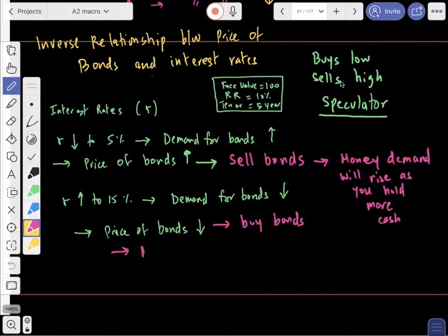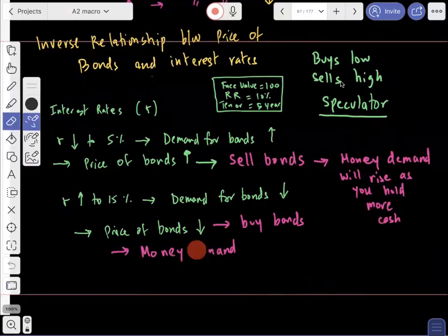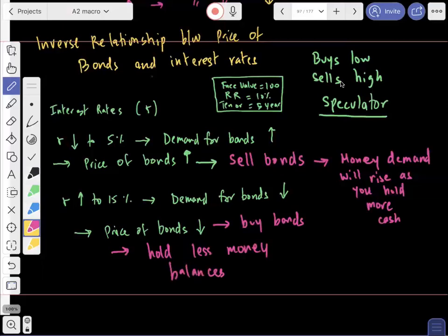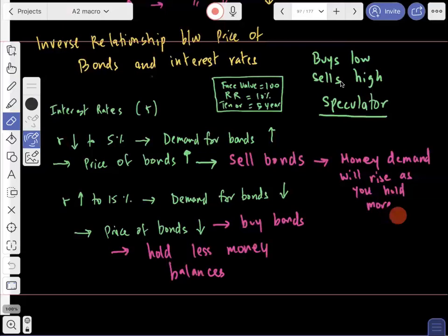In other words, money demand, I should say, the best way to say this is he will be holding less money balances. Okay, that's basically a better word to use, because I know what your questions will be.